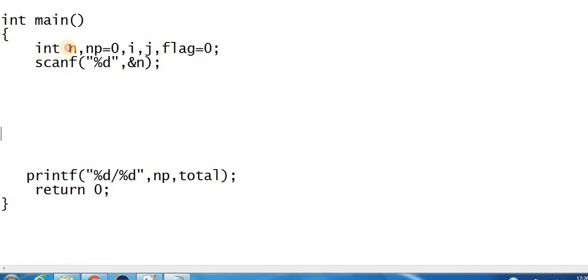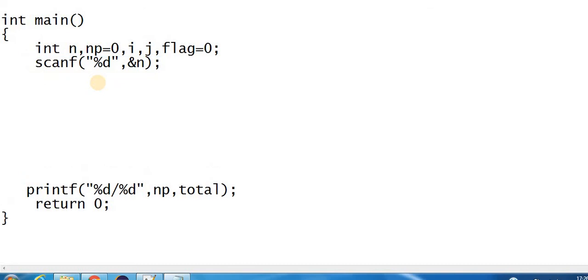So here we are taking input of a number. We should find all the prime numbers between 2 and n. For this we are taking a loop starting from 2 to n.